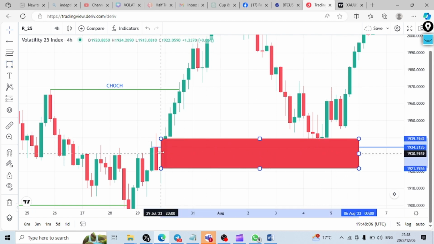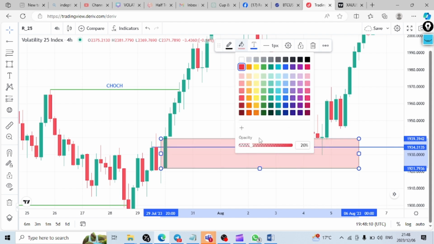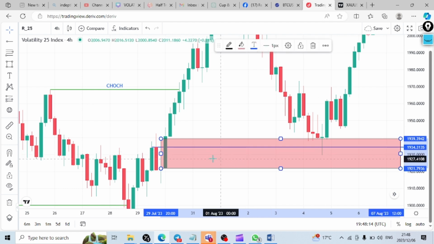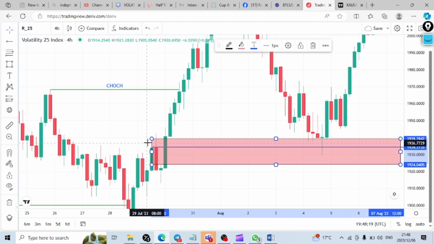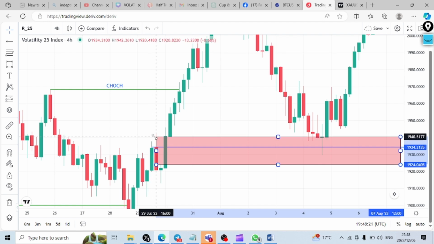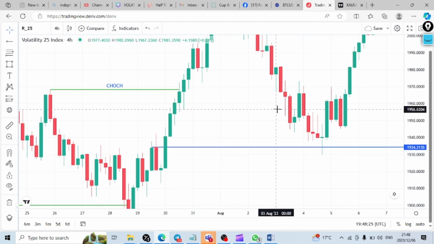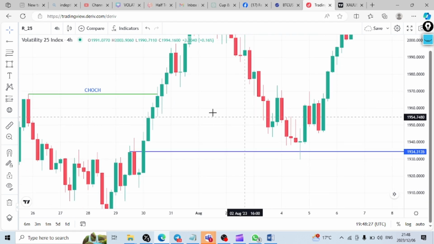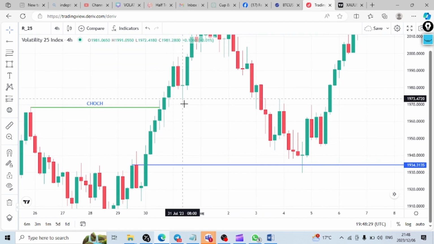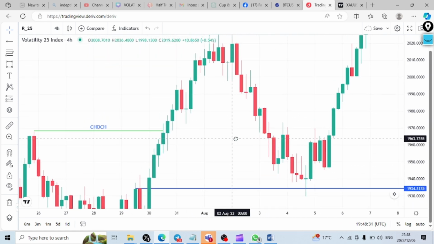I'll change the color. Okay, there's a fair value gap. So an order block is valid when there is a fair value gap close to it. And we can see there was a big movement. So you are just waiting patiently.